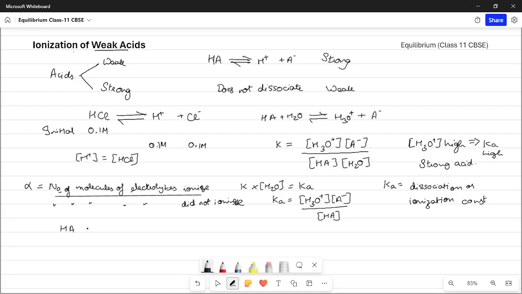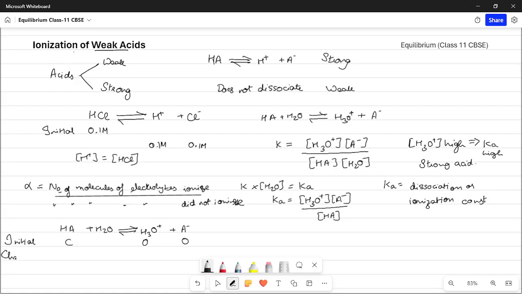So HA plus H2O is in equilibrium with H3O+ and A-. The initial concentration is going to be C for the HA, and the concentration of H3O+ and A- is going to be 0 and 0 respectively.